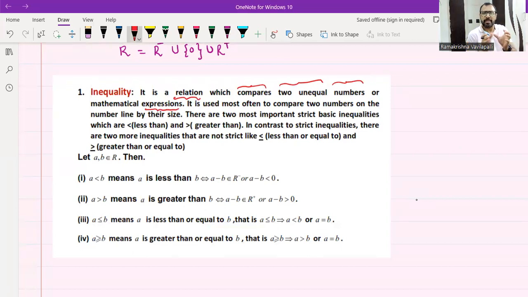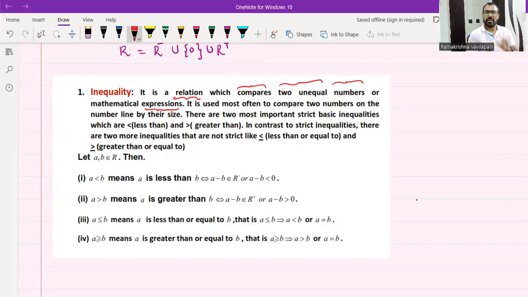So to compare two unequal numbers or mathematical expressions, we use some relation. It is used most often to compare two numbers on the line by their size.